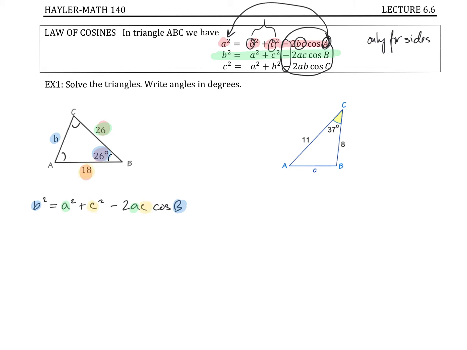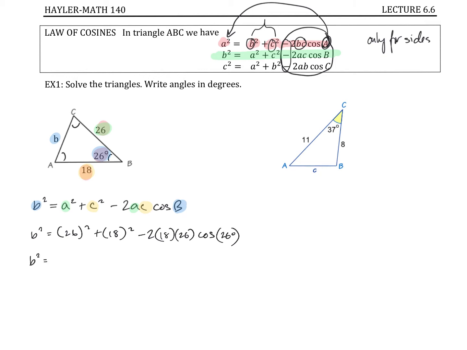Okay, so let's go ahead and plug these values in. We'll have B squared equals 26 squared plus 18 squared minus 2 times 18 times 26, and then cosine of 26 degrees. All right. Okay, so we plug those in. Let's go ahead and do some small calculating.